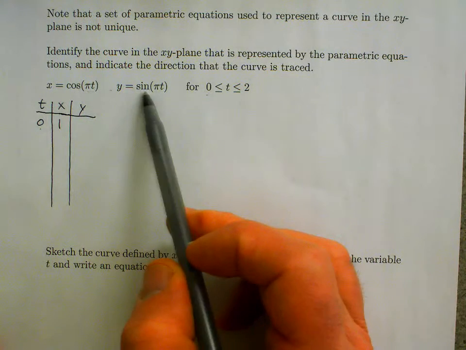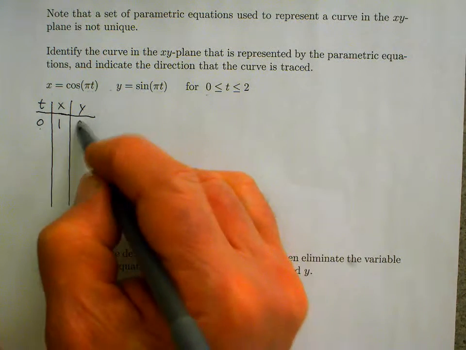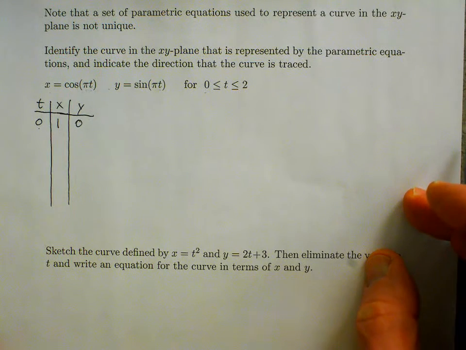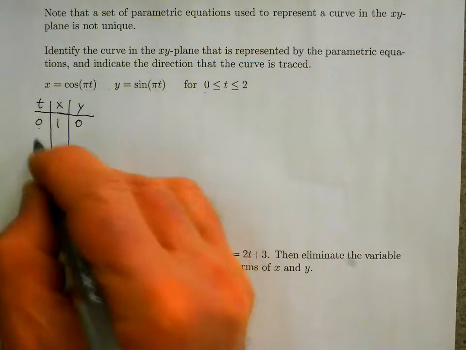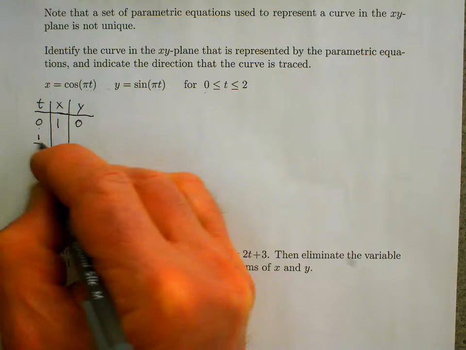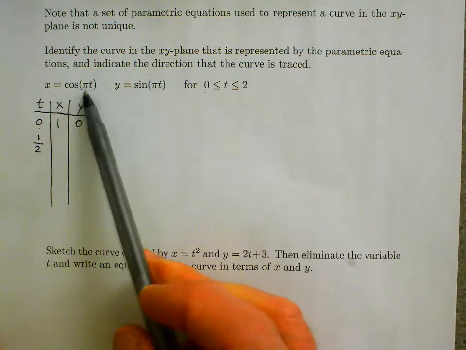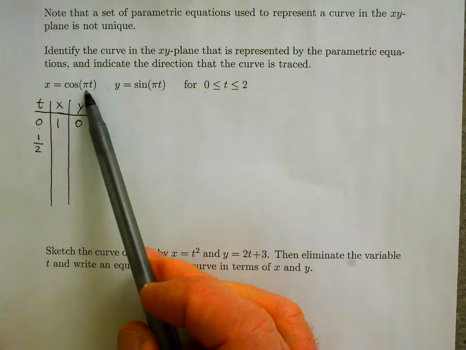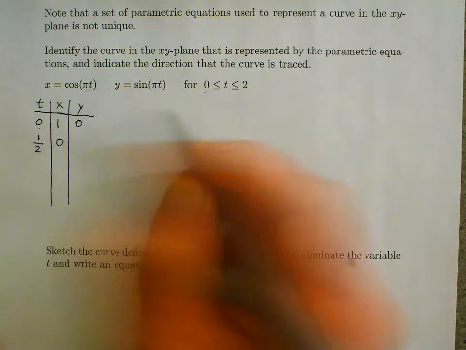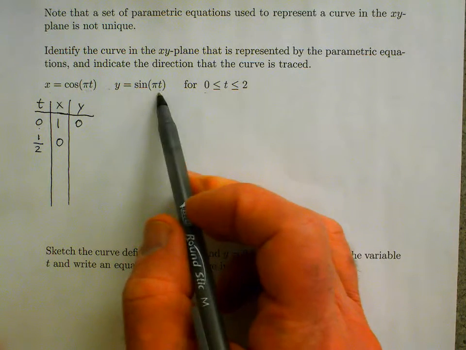And sine of 0 is 0. And if we pick t to be 1/2, cosine of pi halves is 0. Sine of pi halves is 1.